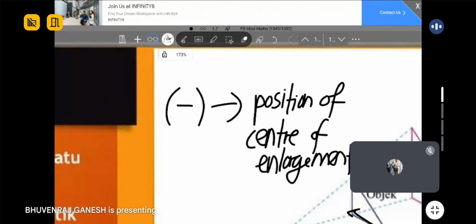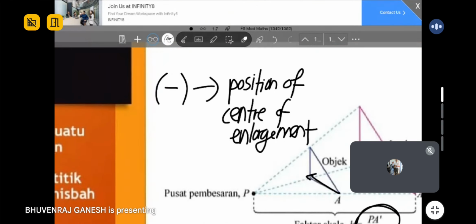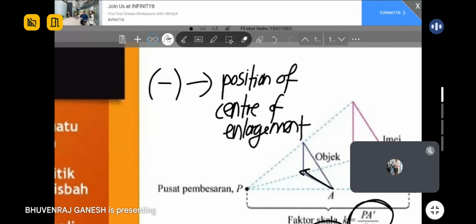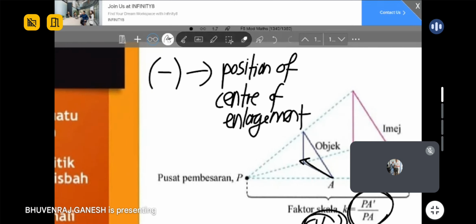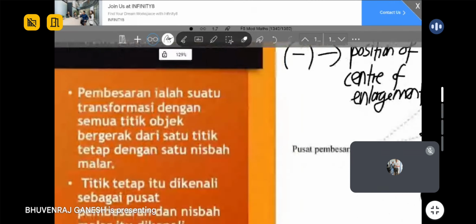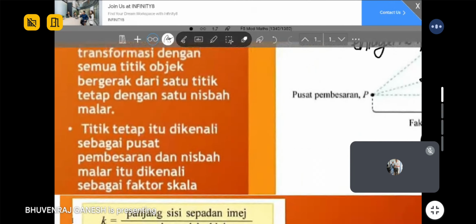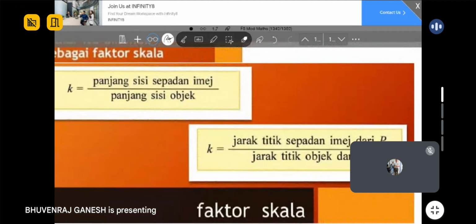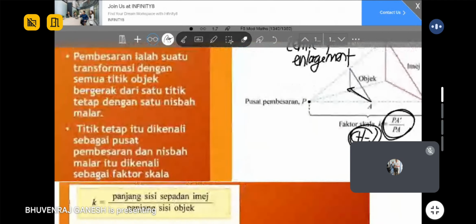Understand, guys? Until now? So don't get the misconception that negative means smaller. It means where the center is located. So, I think all of this is explained already. Semua yang ni dah diterangkan.